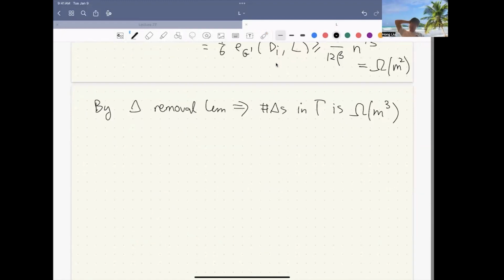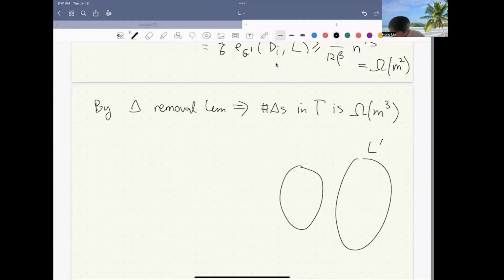Let me see how I write it. So let me again have this picture here. So we have L prime, we have DI.